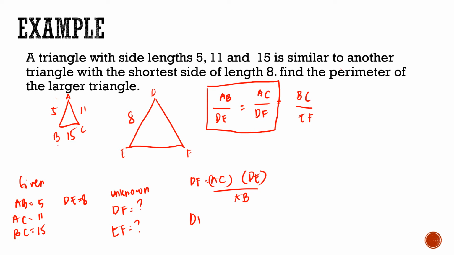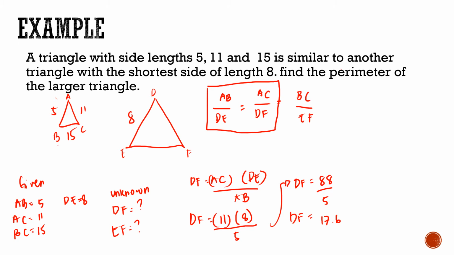So we got DF is equal to AC, which is 11, times DE, which is 8, over AB, which is 5. So let's multiply. We got DF is equal to 88 over 5. So DF is equal to 88 divided by 5, that is 17.6.